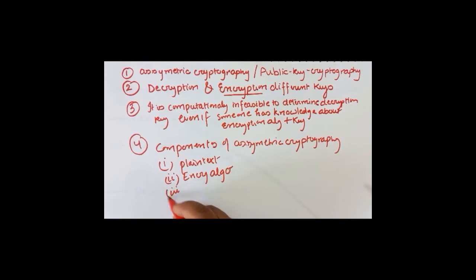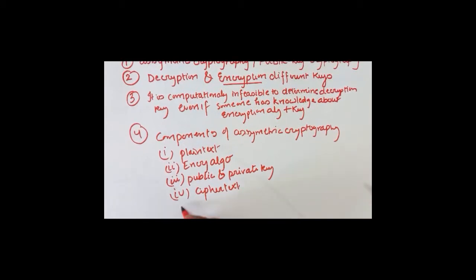The third part is the public and the private key. Since two different keys will be used, their names are public and private key. One is for decryption, one for encryption, one will be called the public key and the other the private key. Remember this. The fourth part is the ciphertext, a scrambled message that has hidden meaning. The fifth is the decryption algorithm.